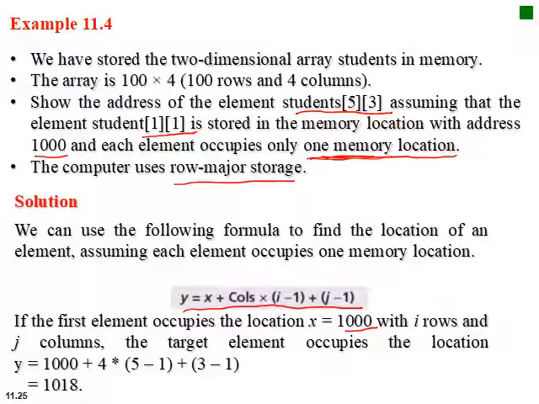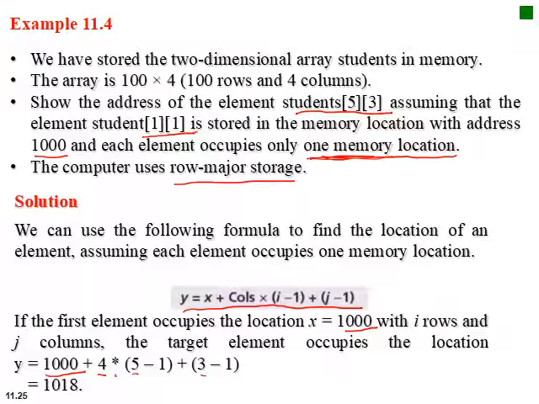And then we just use this formula to say the target element occupies the location Y equals 1000 plus 4 columns, because the number of columns is 4, multiplied by I, which is now 5 because we are in row 5, minus 1, plus the columns J, which is 3 at this stage, minus 1.